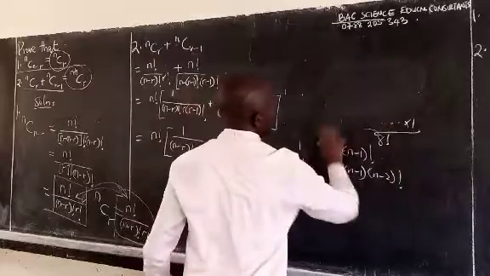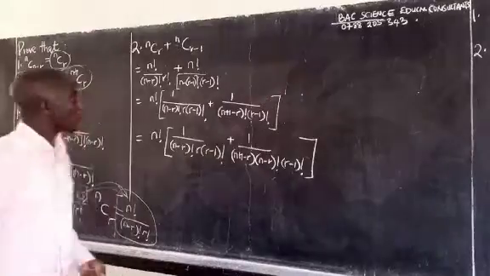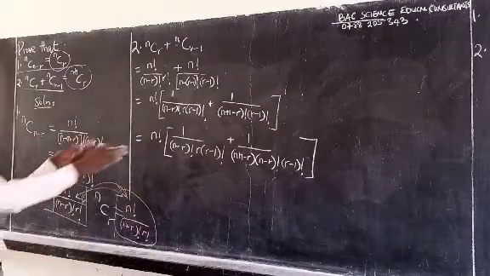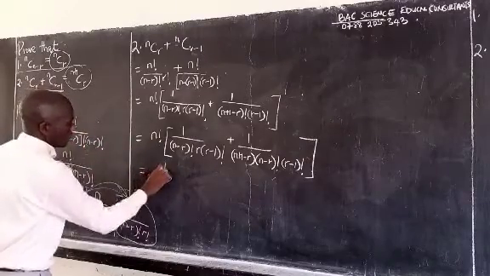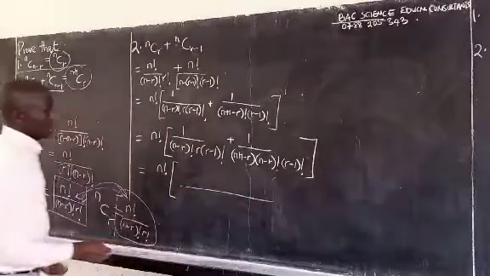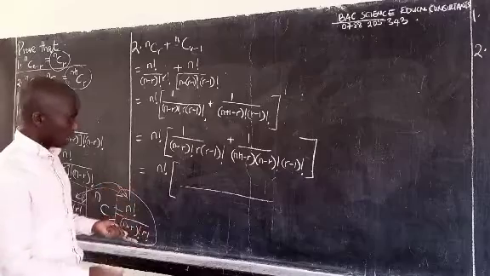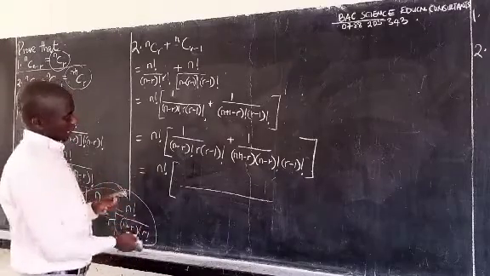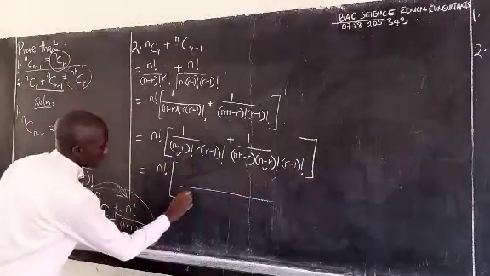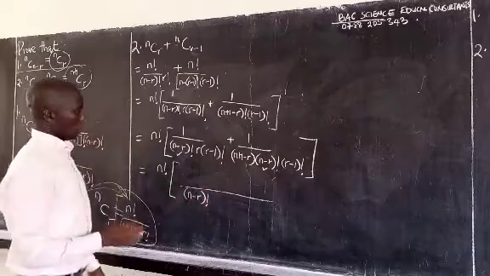Now we wrap this, you can get some good space for working. Remember, we still want to compare this with n plus 1 combination r, but let's first simplify. This becomes n factorial into, so let's get the LCM. So the LCM, first get the ones which are common so that you don't multiply them twice. So you realize that n minus r factorial is common.